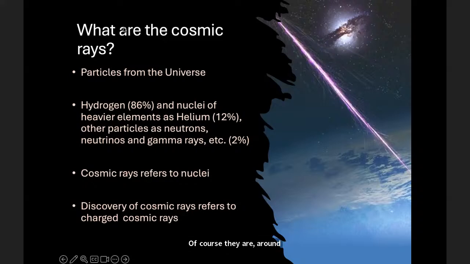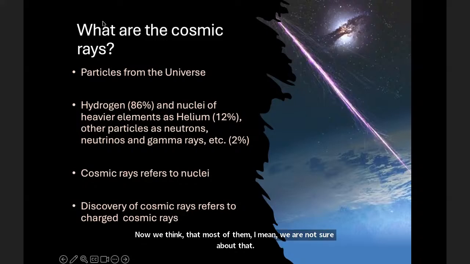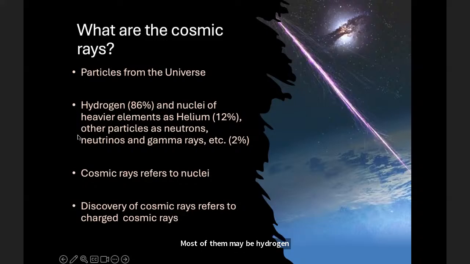Now we think, and we are pretty sure about that, that most of them are hydrogen or protons. We have two names for the same thing, because the proton is the nucleus of this element that we call hydrogen. But there are also other element nuclei that arrive to Earth, like helium, boron, carbon, magnesium, iron, lead, any element that you may think of.